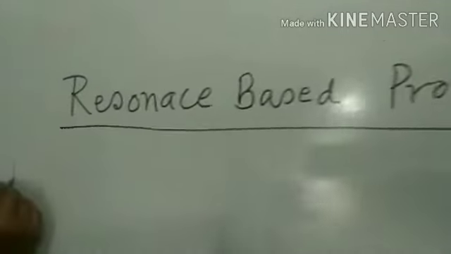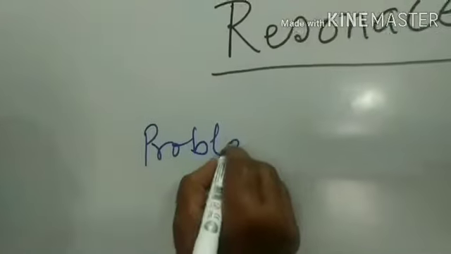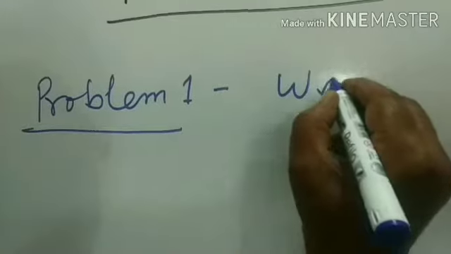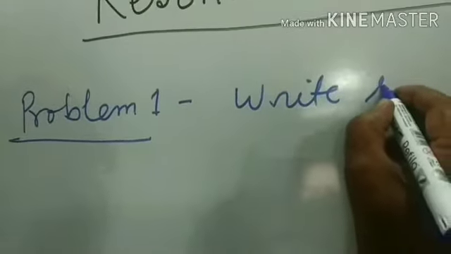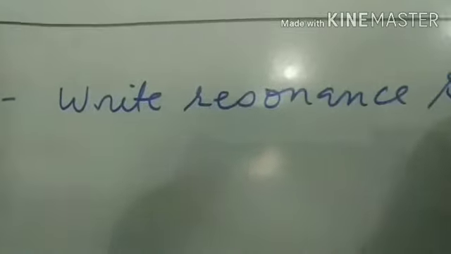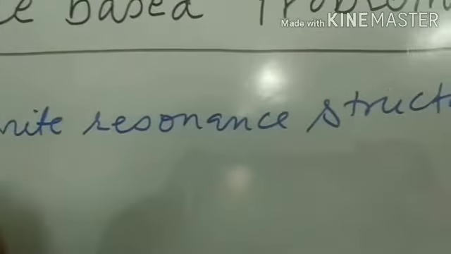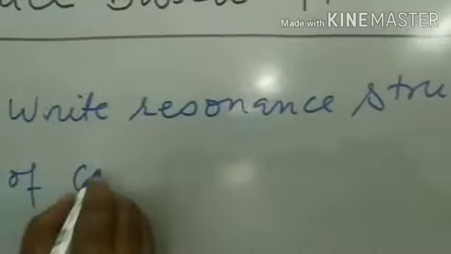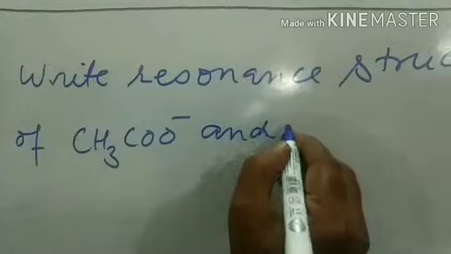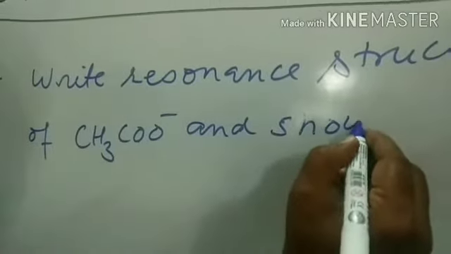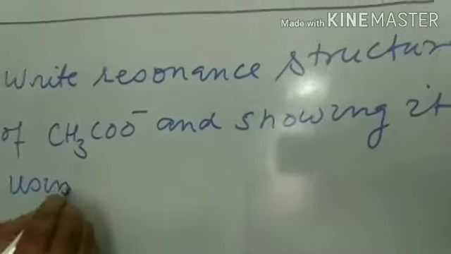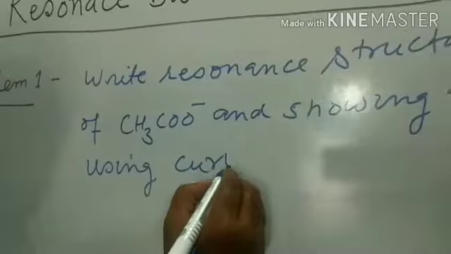The problem is: write the resonance structure of acetate and show it using curved arrows.